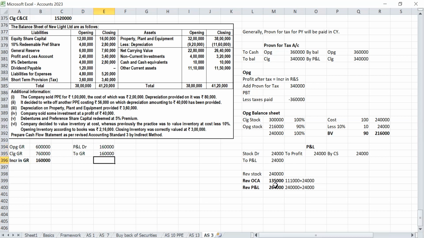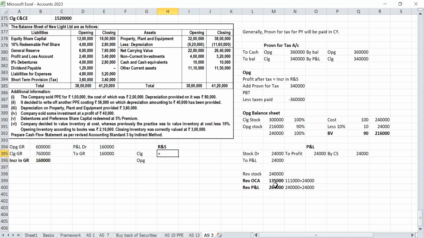This entry would have been passed. For computing profit, you can just take the total reserves and surplus. In this alternative method, first you compute the profit and loss account increase separately, then the 1,60,000 separately. Or I take total reserves and surplus closing and total reserves and surplus opening. Like that also you can take.